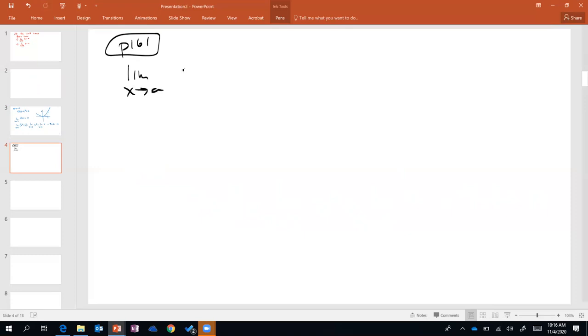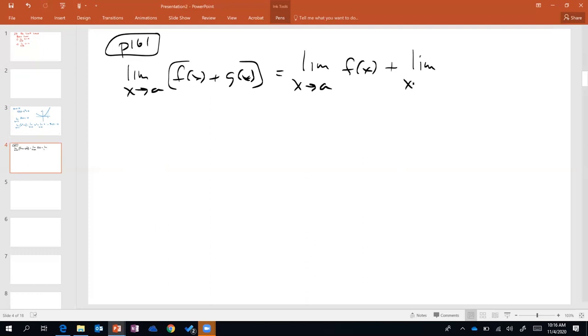Limit as x goes to a of f of x plus g of x. It's like PEMDAS of limits. Yeah, no, but it's not an order of operations. I don't want to write addition, subtraction, multiplication, division, and so on. That's an a down there.